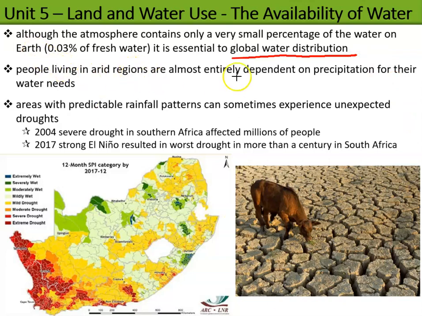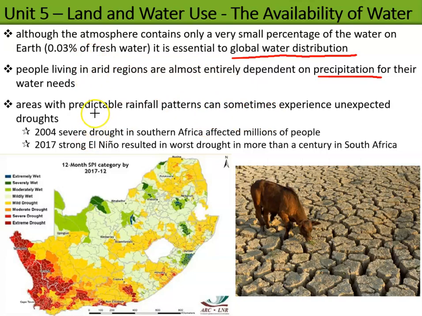People that live in arid regions are often almost entirely dependent on precipitation for their water needs, because so little water falls to the ground and can percolate down to produce lakes, streams, or groundwater aquifers. So there's a lot of rainwater collection in these arid regions, where they're not getting much rain either.